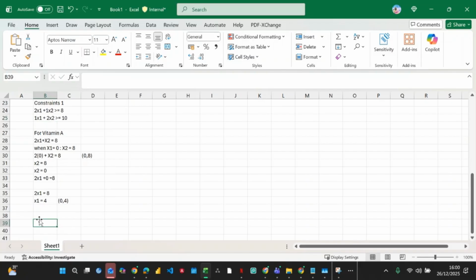C. Now the equation for vitamin C is this one here, x1 plus 2x2 equals 10.